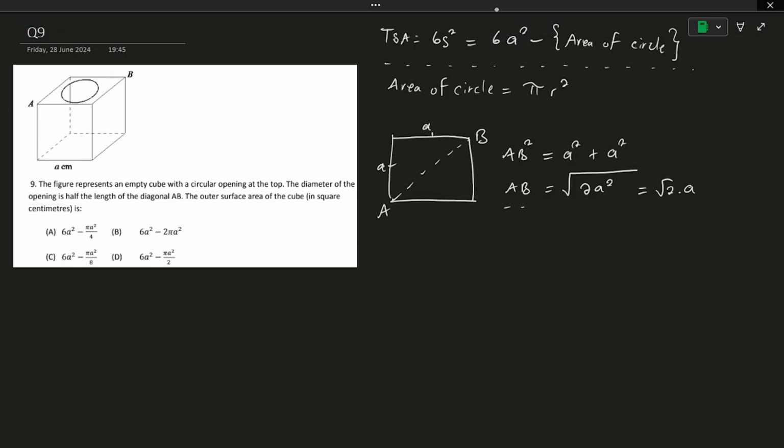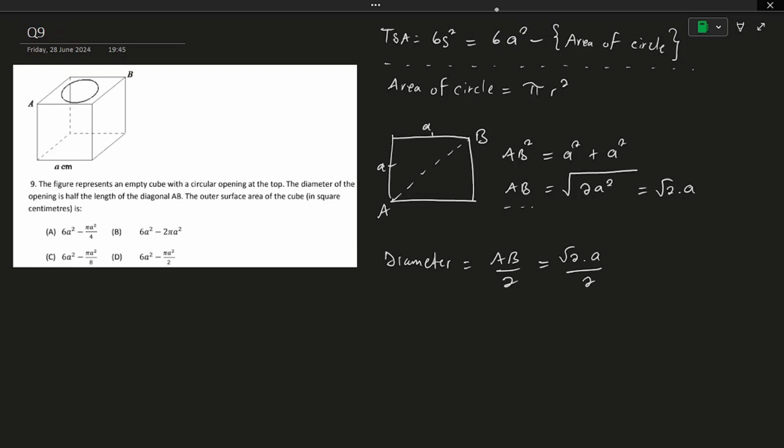So we have the diagonal AB. We are told that the diameter is half AB, which means it's AB divided by 2. In this case, AB is root 2 multiplied by A, so the diameter is root 2 multiplied by A divided by 2, because we were told that it's half the length of the diagonal.